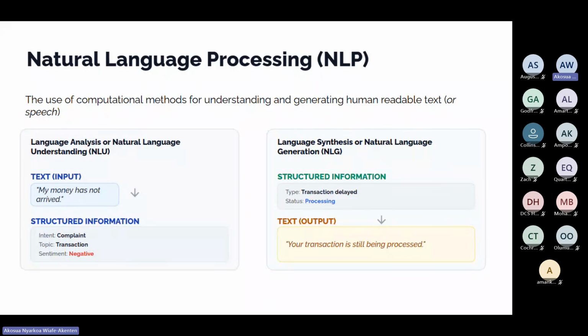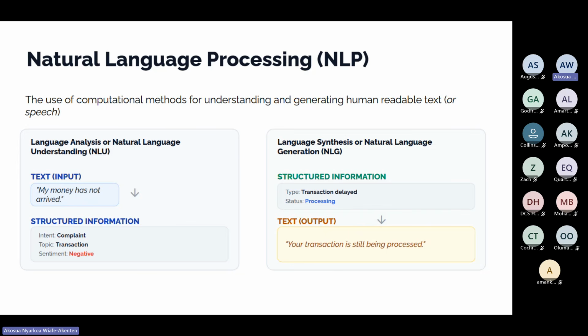And I put 'or speech' in brackets because, yes, natural language processing could extend to speech. But as I mentioned, the morning session took us through speech technology. So our focus for this particular session is to look at the written language processing technology that has to do with readable text.